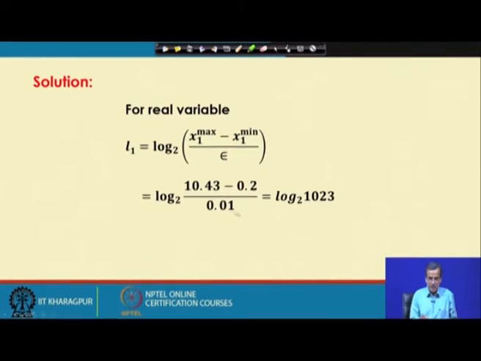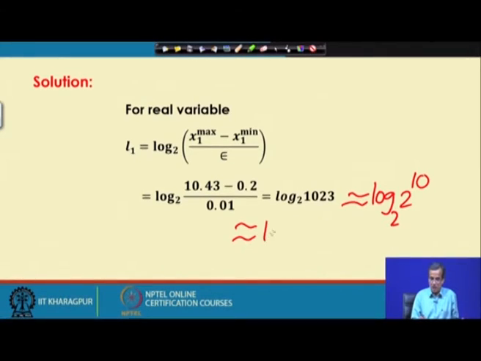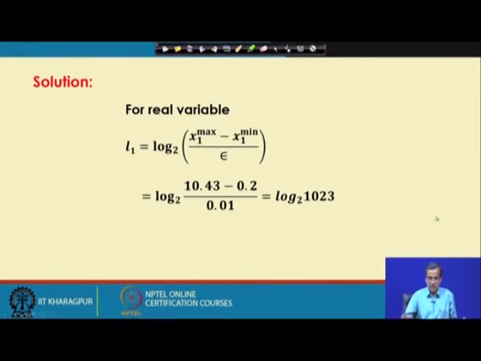If you calculate, this will become log base 2 of 1023, which is approximately equal to log base 2 of 2 raised to the power 10, and that is approximately equal to 10. So, the number of bits which I am going to assign to represent this real variable is 10. That means we are going to assign 10 bits to represent the real variable.